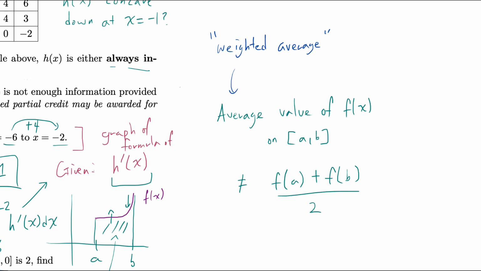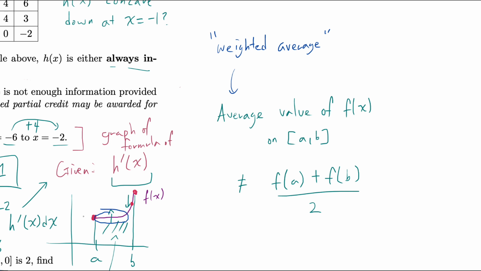It's the weighted average in the following sense. Here, if I look at f of a, that's this y value. If I look at f of b, it's the y value of this point. So when I just average f of a and f of b, f of a plus f of b over 2, I get a y value corresponding to the height of, say, this point. That's the average of the height of this and the height of this. You get around here. But that's not the average value of the function, because the function is almost always pretty close to f of a.